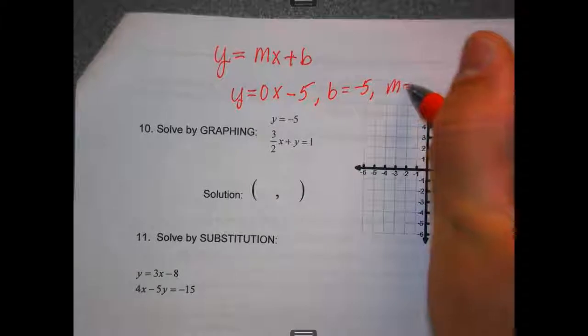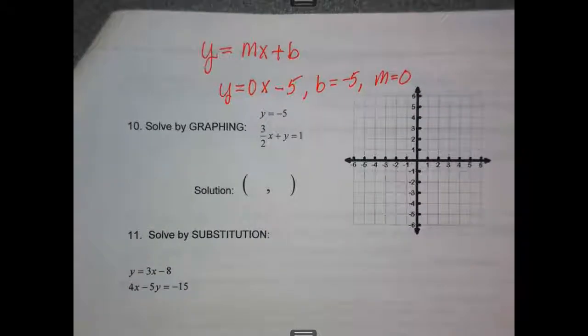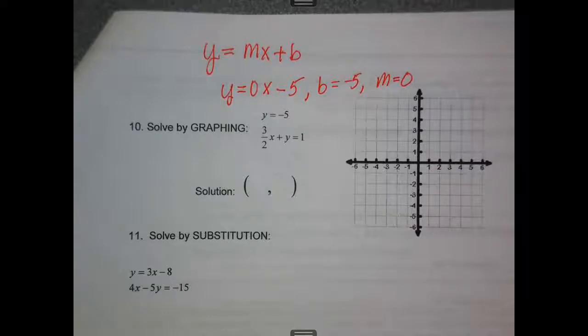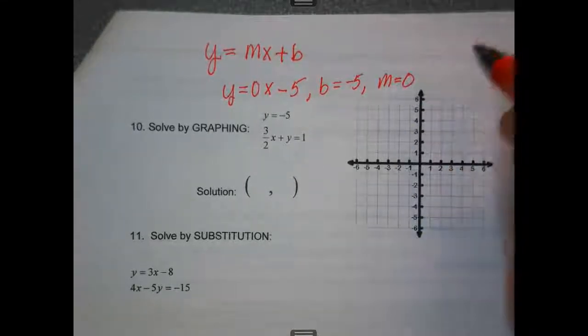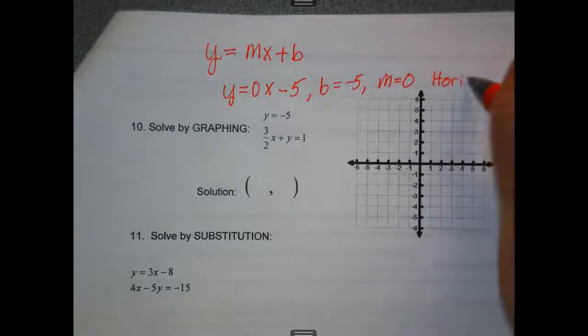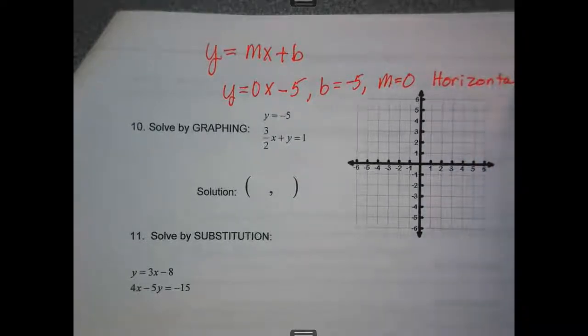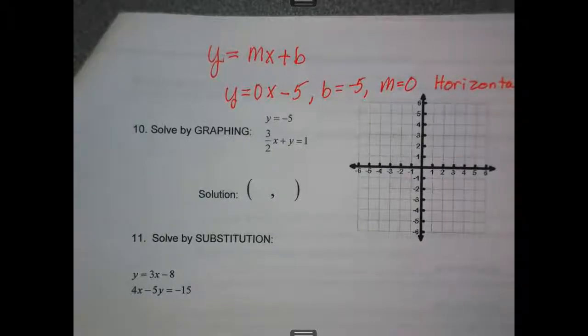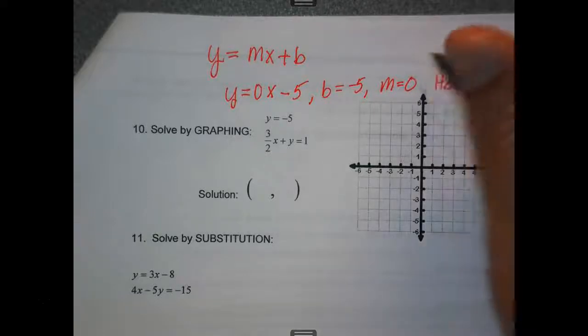My slope is 0. What kind of line has slope 0? A straight one, versus an angle or a vertical, right? So slope 0 is a horizontal line. What's a vertical line? What kind of slope does the vertical line have? Undefined slope, right?